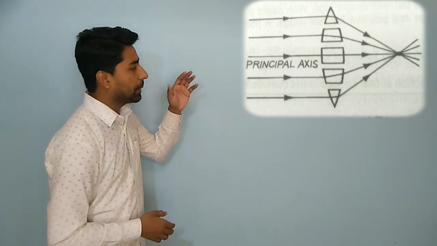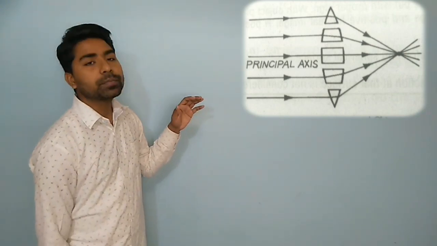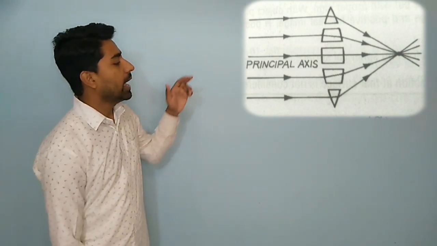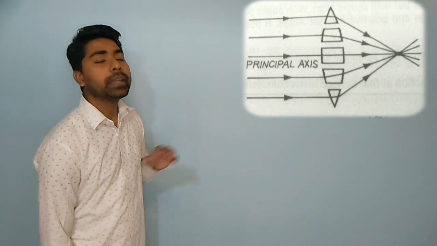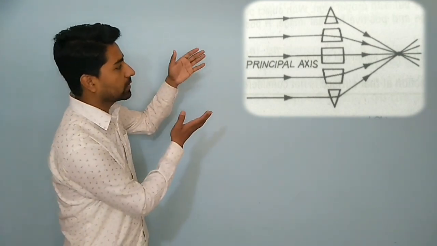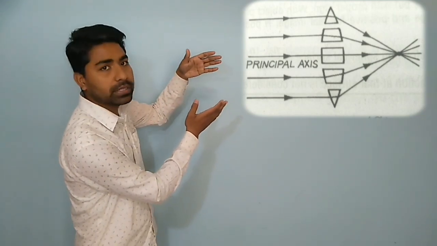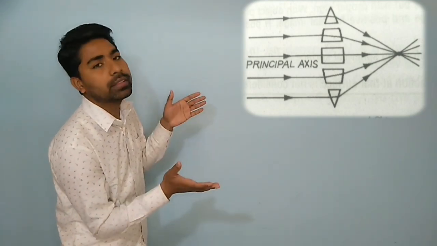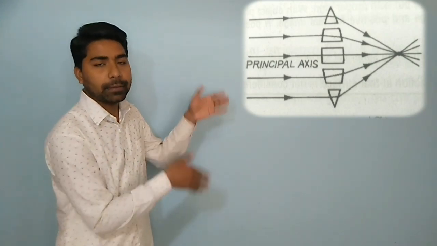The action of a prism is to take the ray and bend it toward the base. So every tiny prism is bending the ray toward its base. That is why the convex lens converges all the rays, and the concave one diverges them.